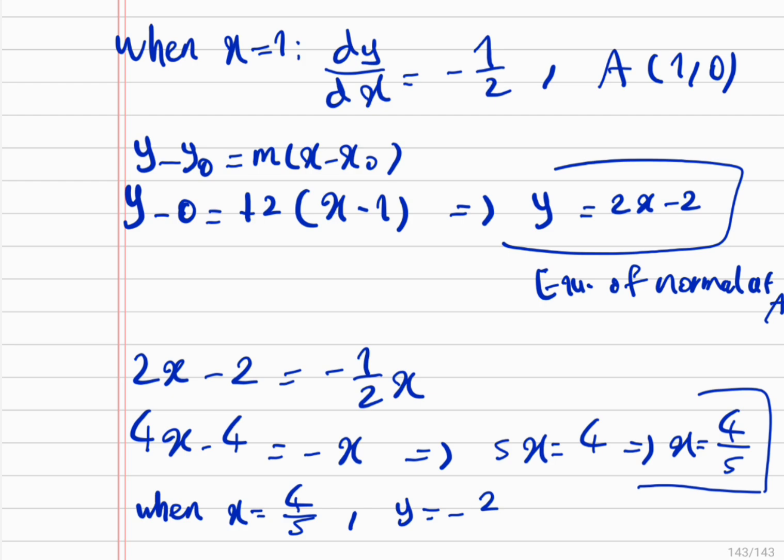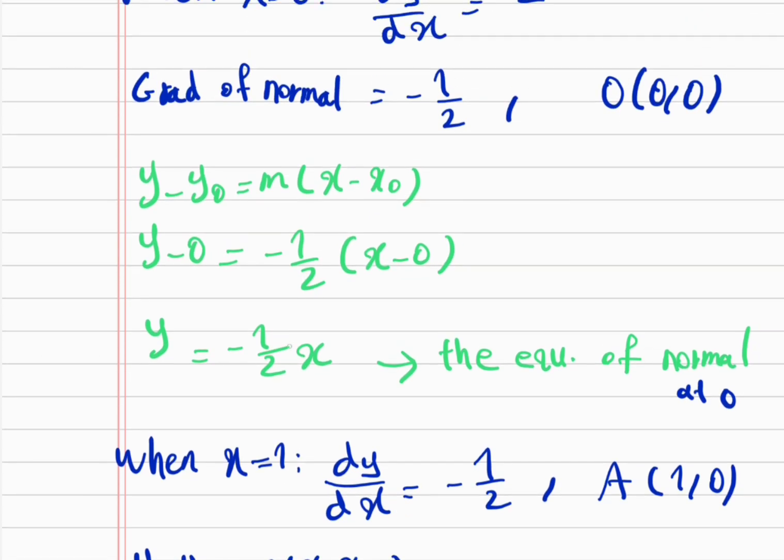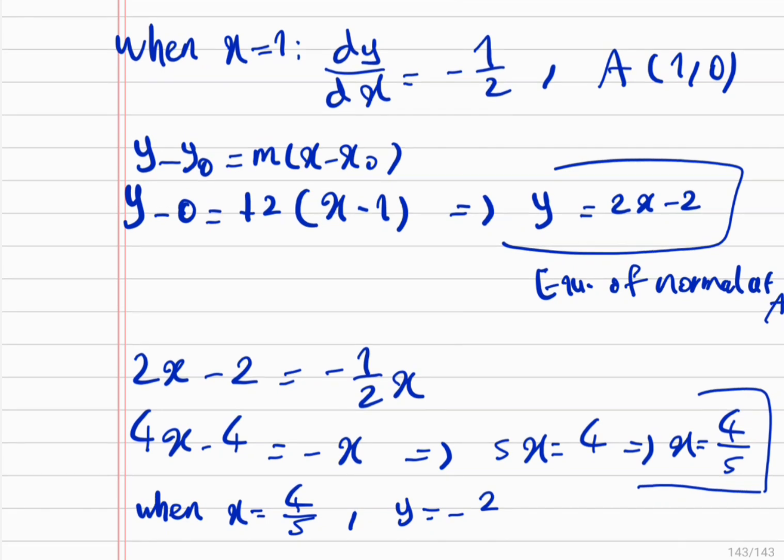We can substitute into the equation y is equal to minus a half x, so minus a half times 4/5, which gives us minus 2/5. So the coordinates of point N are (4/5, minus 2/5). That's the solution to part A.